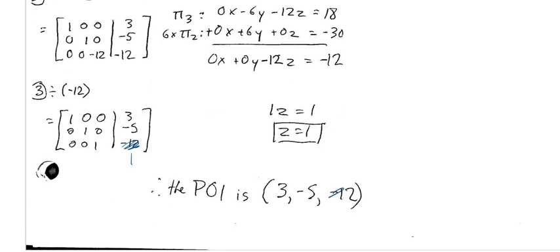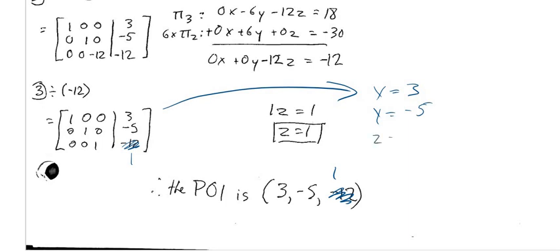Now if we take this matrix and rewrite it, the first row becomes x equals 3, y equals negative 5, and z equals 1. So we conclude that the point of intersection is (3, -5, 1). And that's pretty much it.